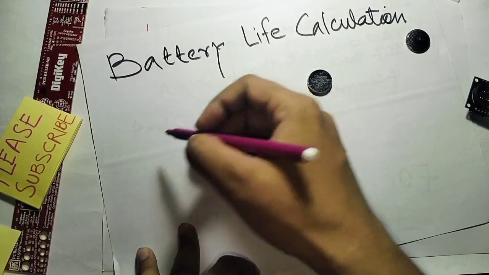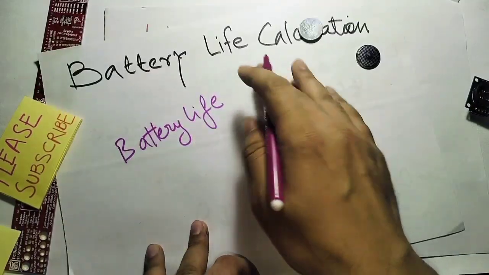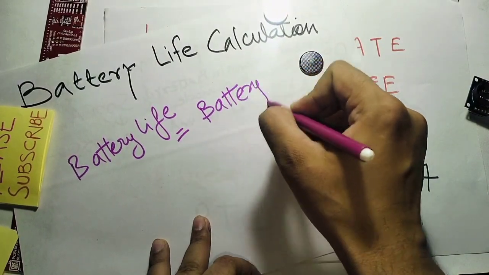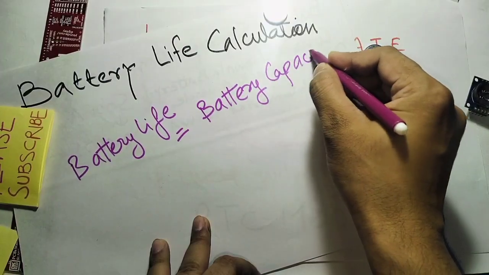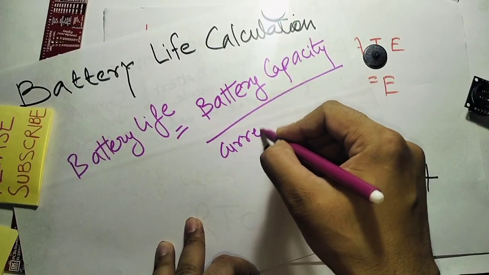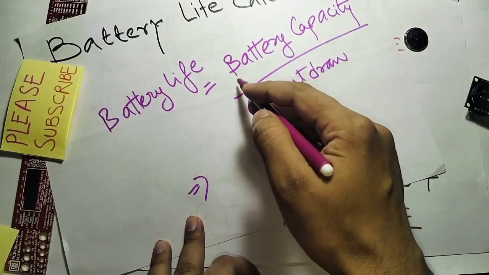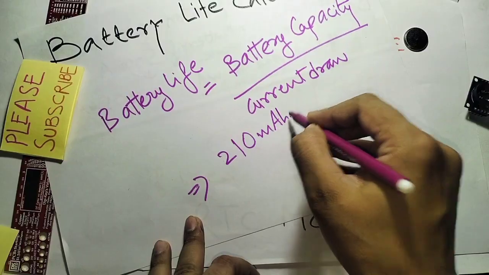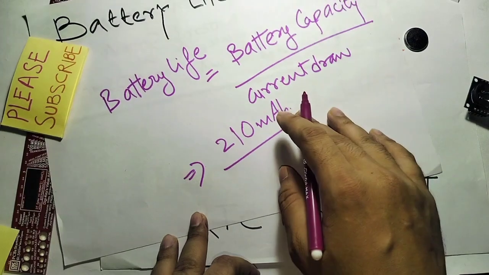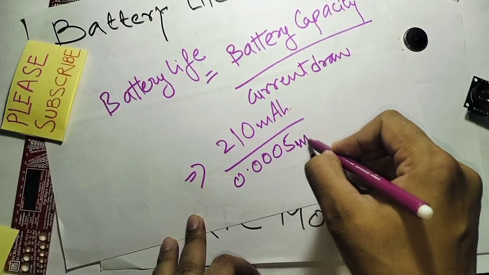So the battery capacity is 210 mAh, and the current draw, or we say the power consumption of this RTC module, is 0.0005 milliampere.